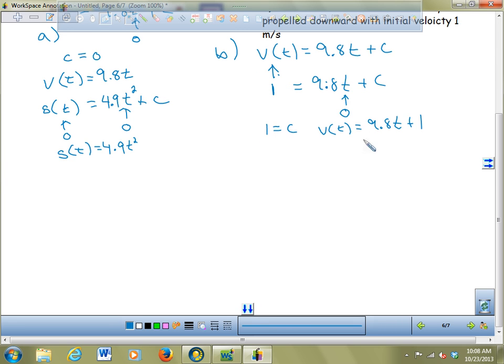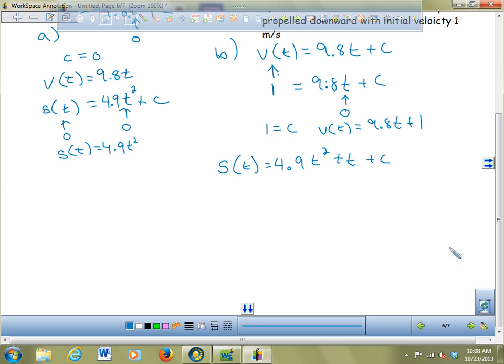How do I find the antiderivative of this? What's the antiderivative of this? 4.9t squared again. What's the antiderivative of this? Plus t, plus a constant c. Plus c. Very good.